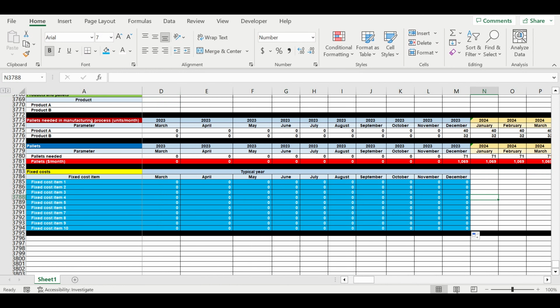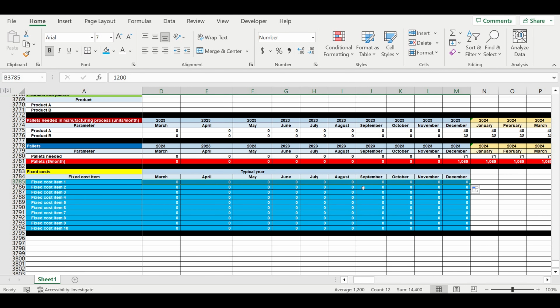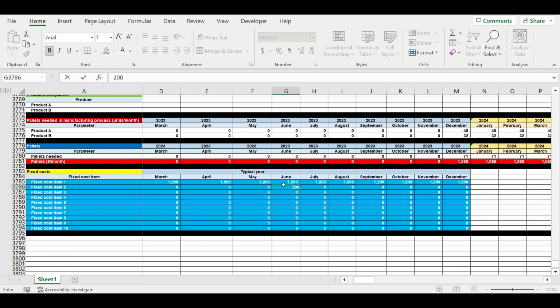What is interesting about fixed costs? For example, some fixed costs are stable and really fixed, and they have stable values inside the typical year. Some fixed costs we have only, for example, in summer months.